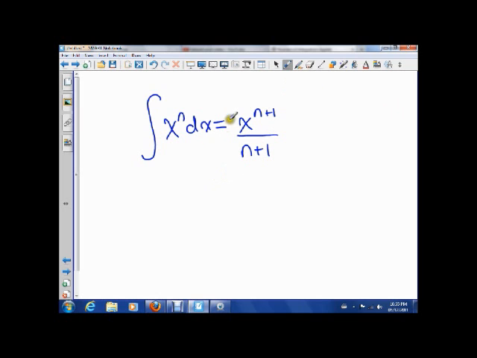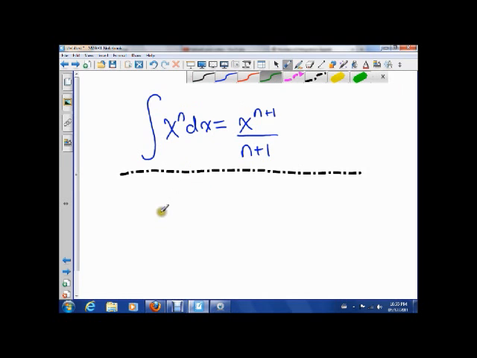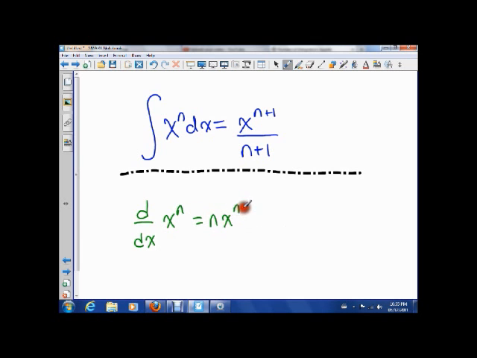And actually, this isn't the only thing, but there's a dx that we always write at the end of that. Okay? Now, I want to have you guys remember where all this comes from. So remember that in the past, we had that d by dx of x to the n was n x to the n minus 1.